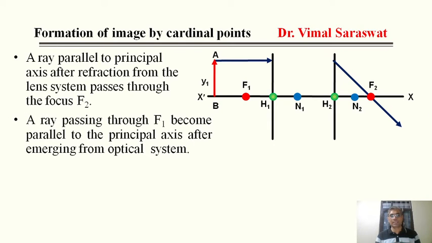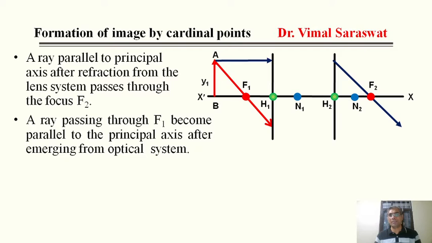Now, the second rule is a ray passing through F1 becomes parallel to the principal axis after emerging from the optical system or lens system.